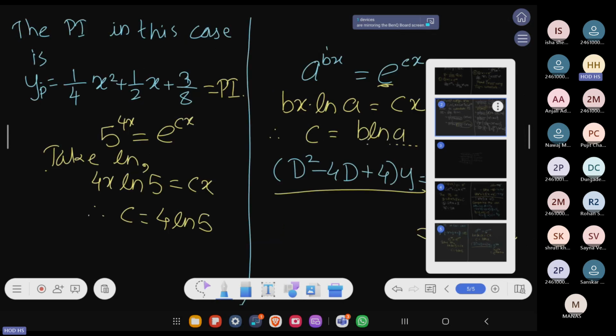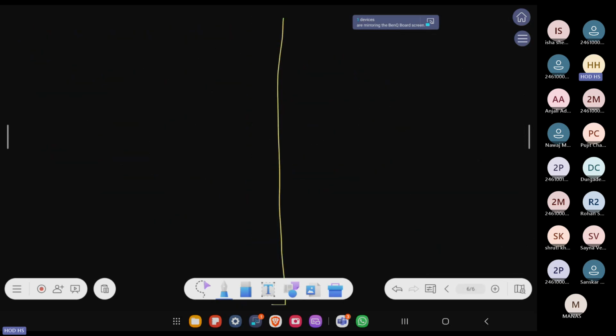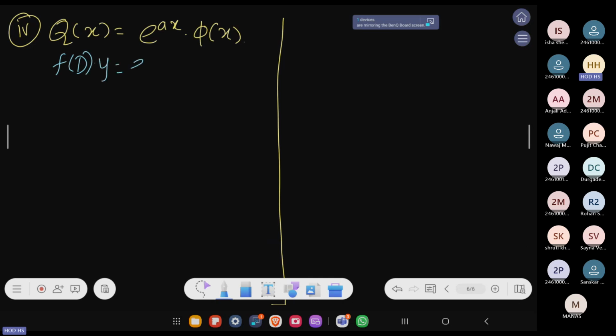So before moving to the fifth method, let's start discussing the fourth method. In this case, my q of x, my right hand side, will be e to the power ax times some phi x. So my equation will look like f of D times y equal to e to the power ax times phi x.